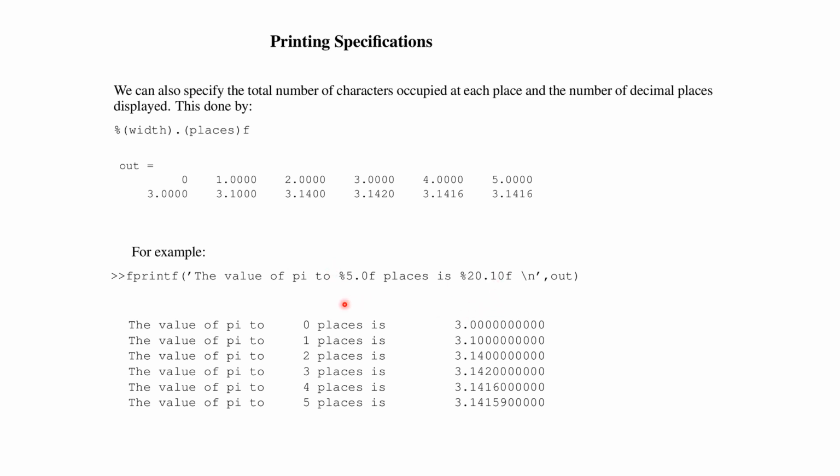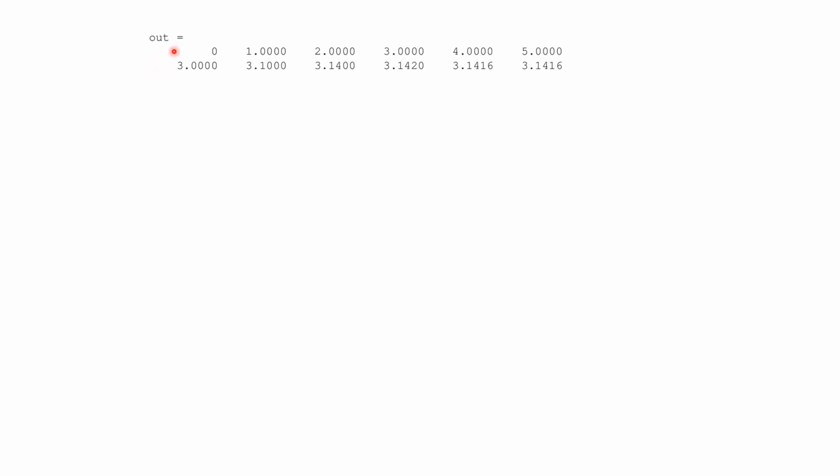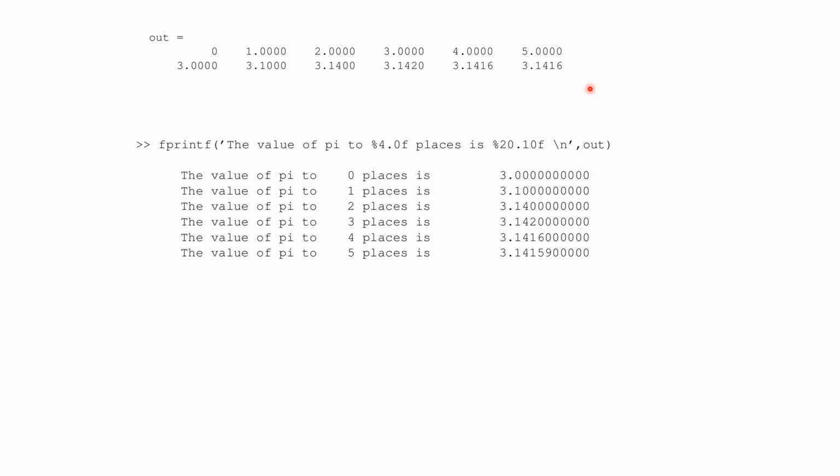So experiment here and here yourselves. So do this yourself in the command window. Give yourself this out matrix formed from pi as we did before. And then here I'm experimenting. So now I've reserved 4 slots for what occurs here.